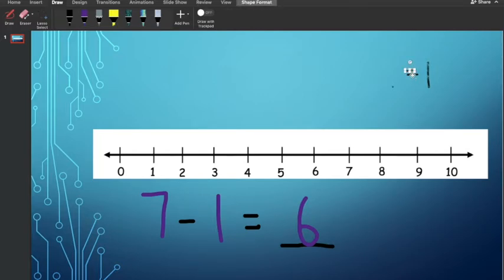All right, so the next equation that I want you to write is going to be, let's do 6 minus 4. Okay, go ahead and write that as I continue to clear my board. 6 minus 4.